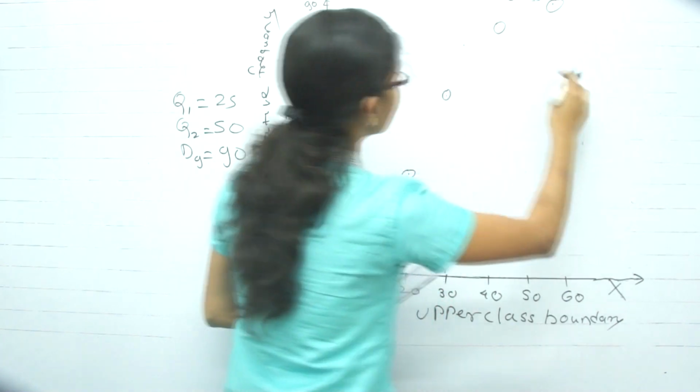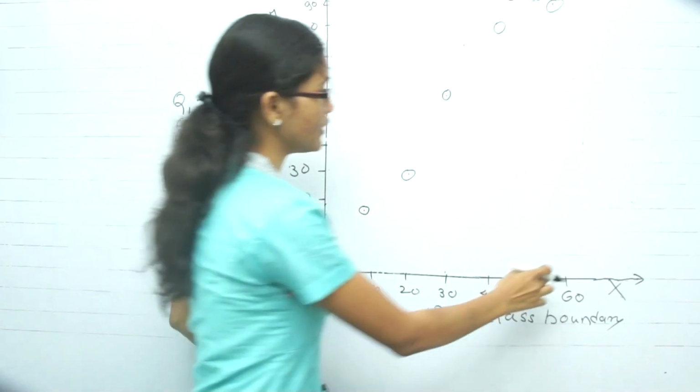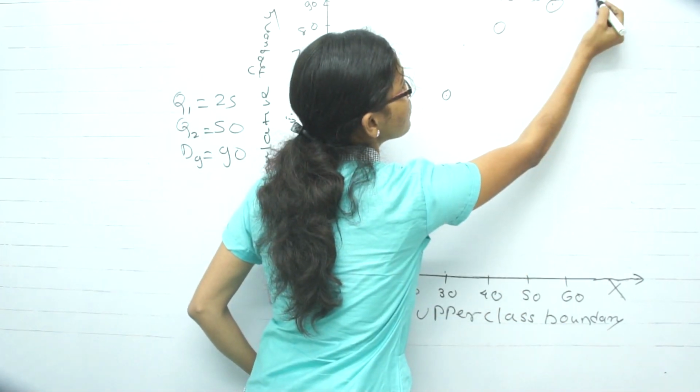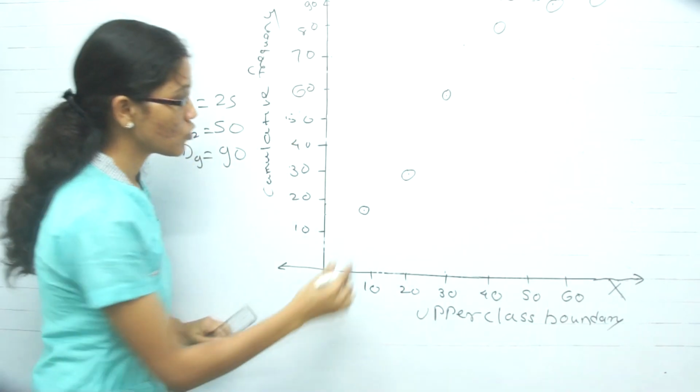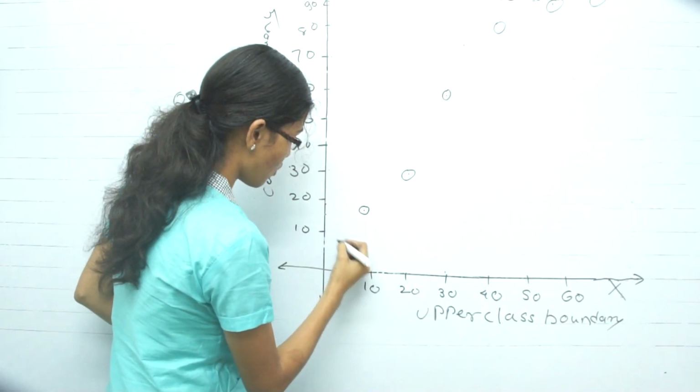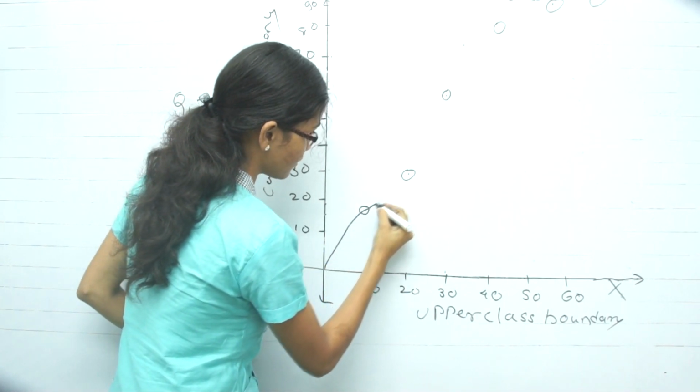In 60 it is 10, 20, 30, 40, 60. In 60 you get the 100. Put here 100. So you just draw this line.